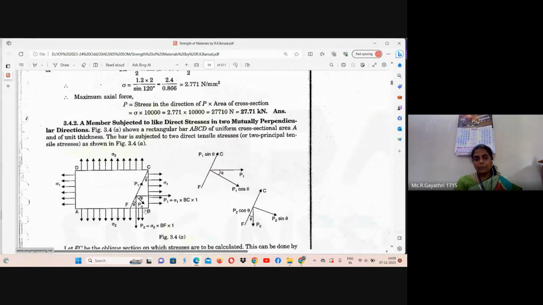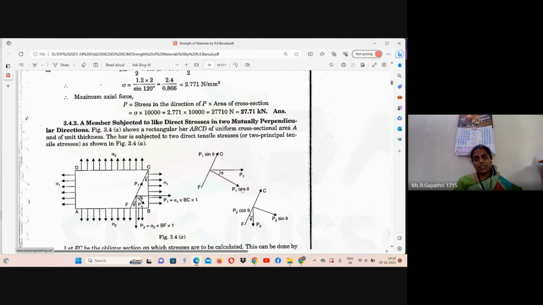The angle between Pn and the horizontal axis is theta. The plane is inclined, so we can find the components of P1 parallel to plane FC and perpendicular to plane FC. Parallel to plane FC will be P1 sin theta. The angle between force P1 and the component normal to plane FC is theta.